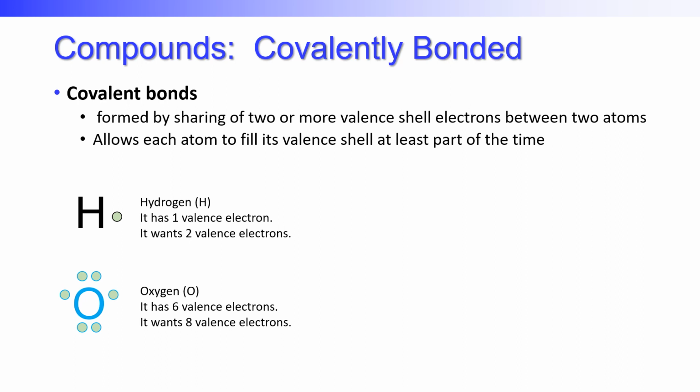So let's see how this works between hydrogen and oxygen. Let's start off by looking at our oxygen right here, and to it we're going to add hydrogen. Hydrogen is going to show up with this one little electron, and it's going to share it with oxygen. But we still have a space right here that oxygen would like to have filled, so let's drop in another hydrogen like that. Now, what have we created? Well, we've actually created water, H2O.